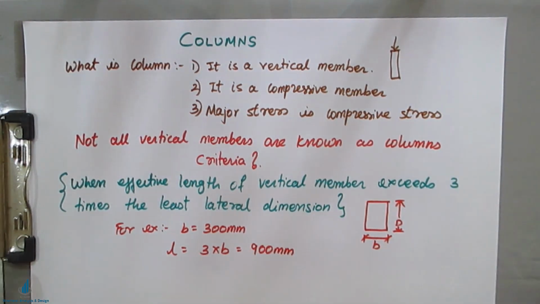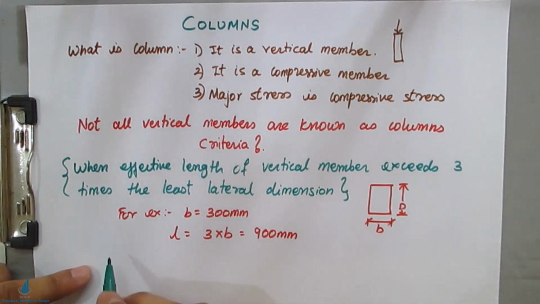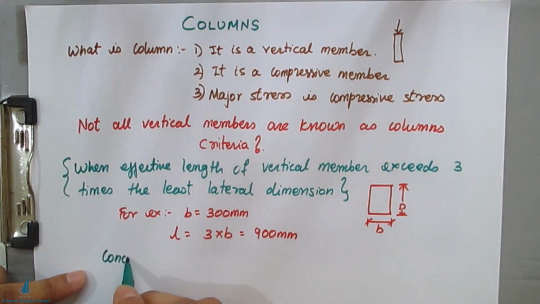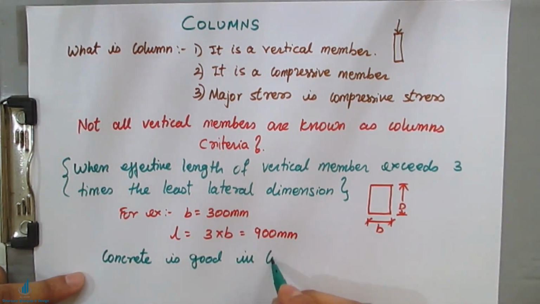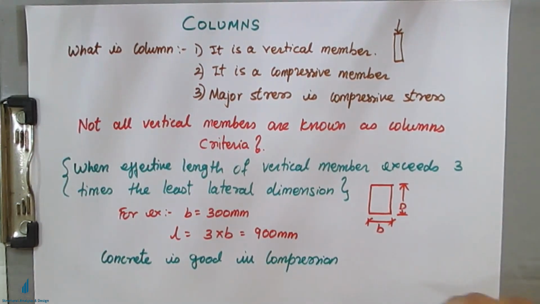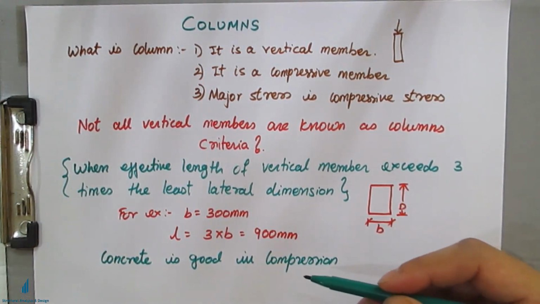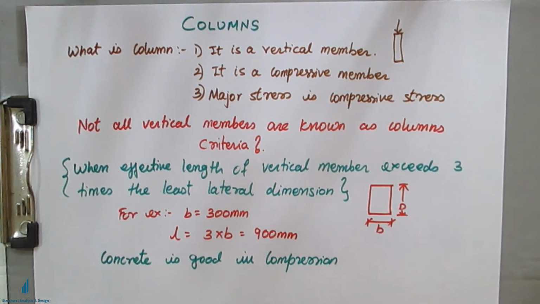Now with your basic concrete technology concept, concrete is good in compression, right? In depth also we have discussed what is meant by RCC. There I have discussed what is concrete and why it is good in compression.